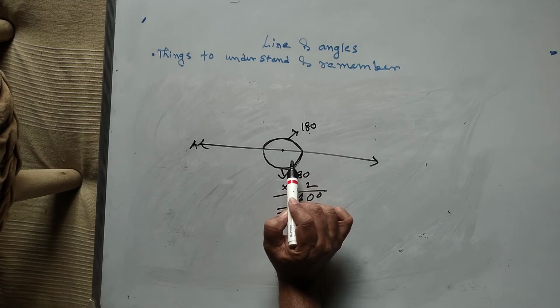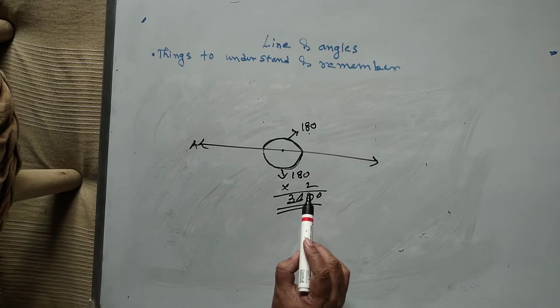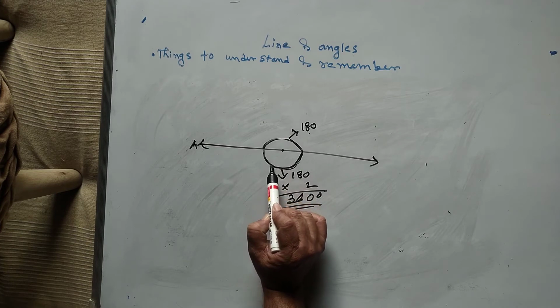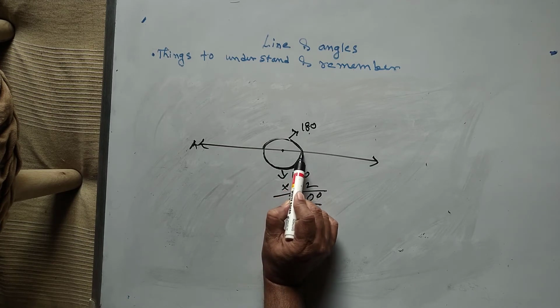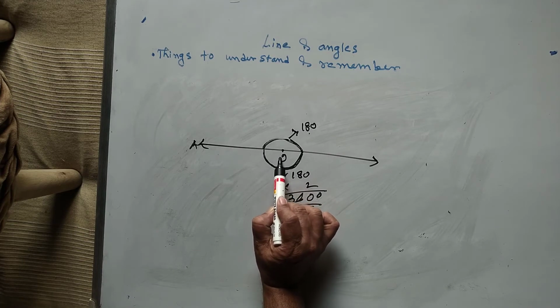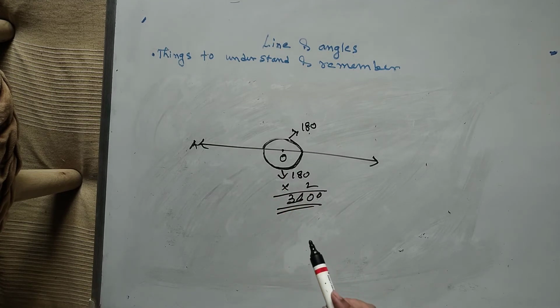So two 180 degrees make 360 degrees. That is a full circle, and if the center is O, then the sum of angles is 360 degrees.